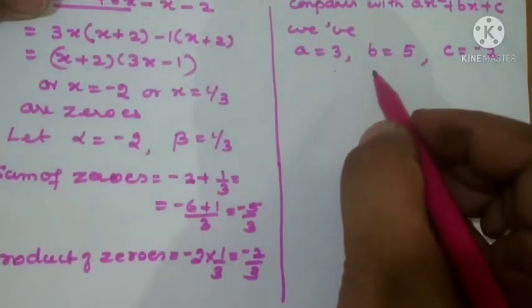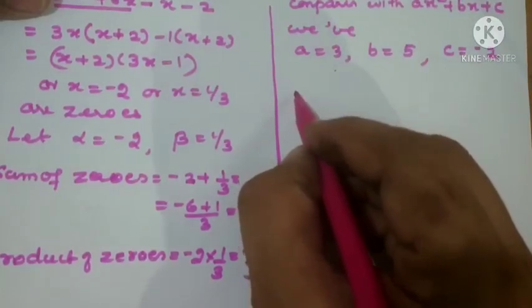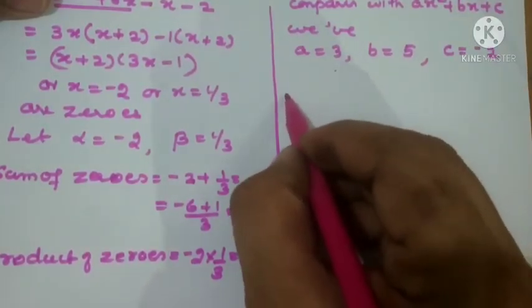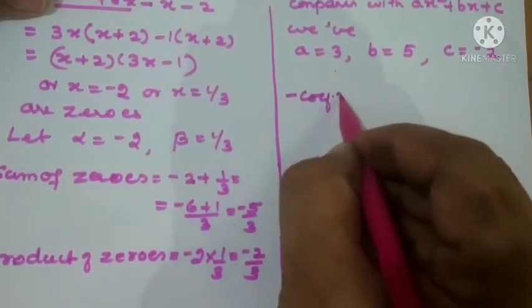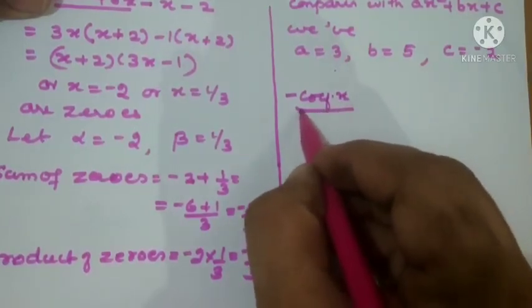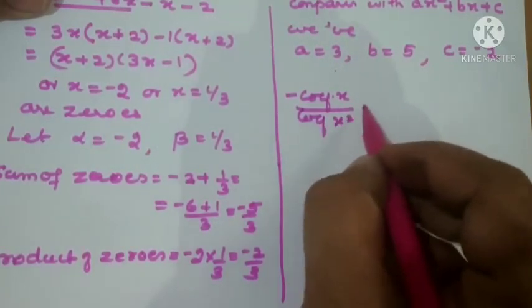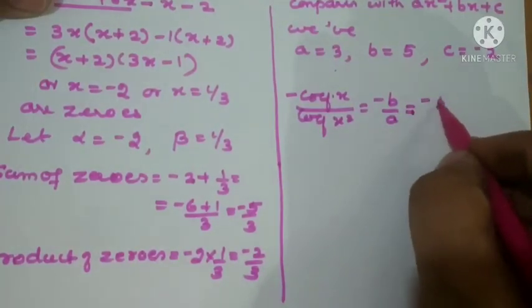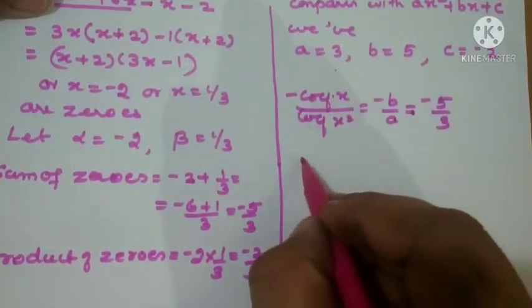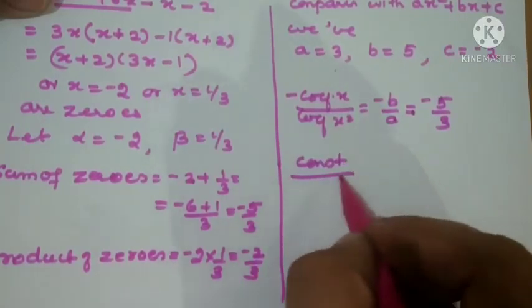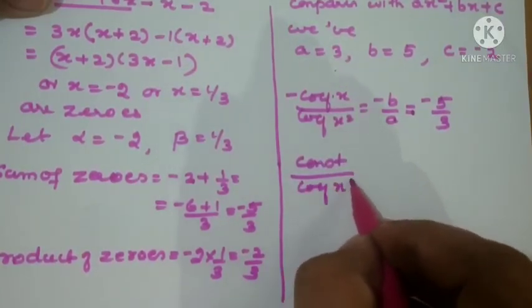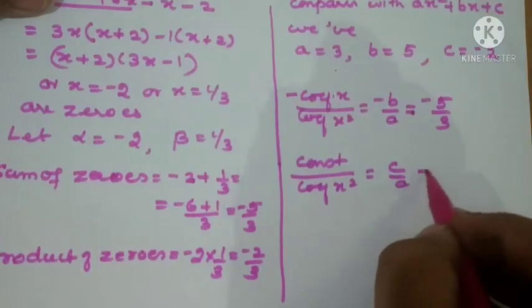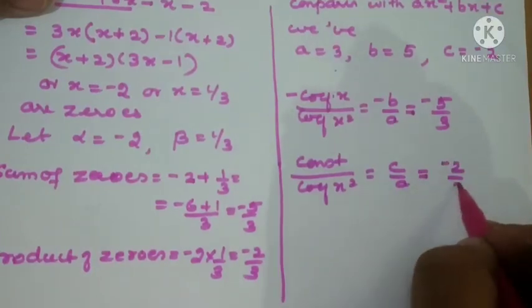Now this side we want to find the coefficient of x with minus sign. Minus coefficient of x divided by coefficient of x square, or we can write minus b by a equal to minus 5 by 3. Next, constant divided by coefficient of x square equal to c by a equal to minus 2 by 3.